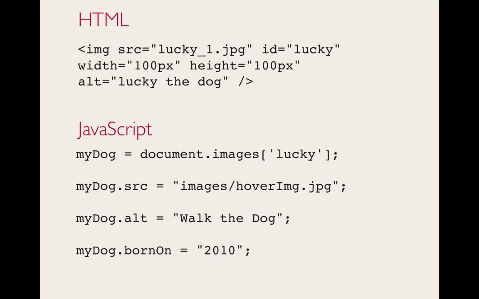And you could say myDog.src and assign a value to the source. We could take myDog.alt and assign an alt tag to it. Or you could create your own attributes, or your own properties, I guess is the proper way of saying that. Your own properties. It's a very powerful thing. Even with predefined objects in JavaScript, you can create your own properties and methods.